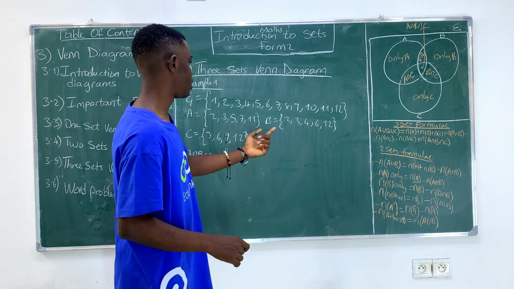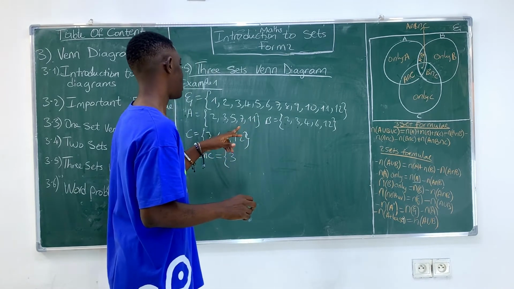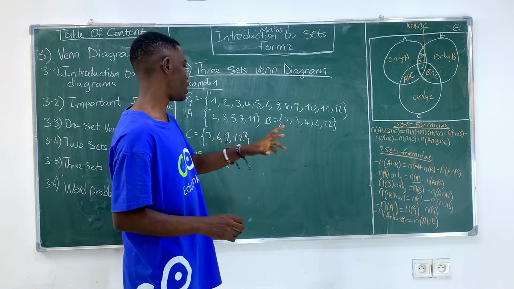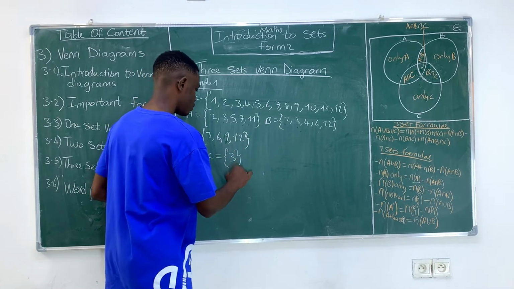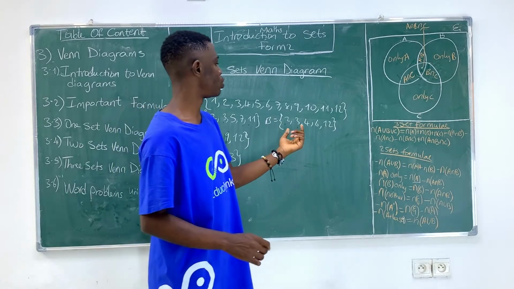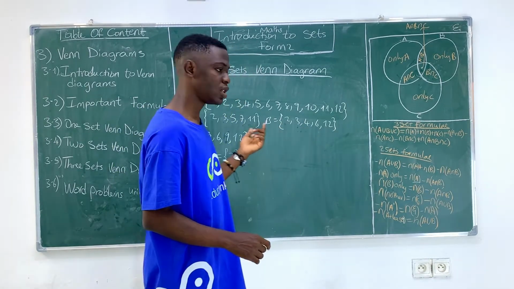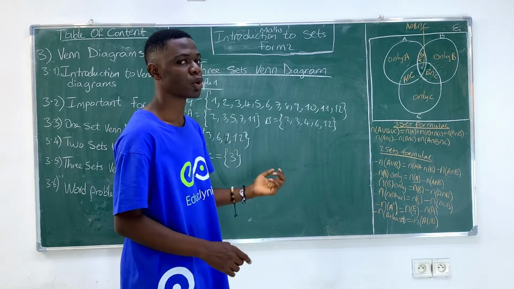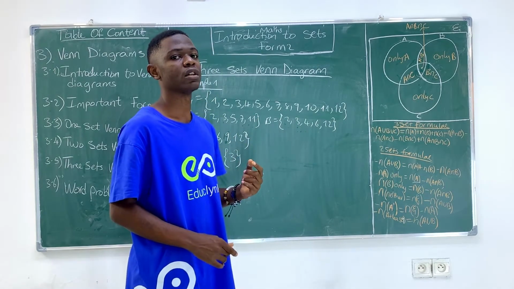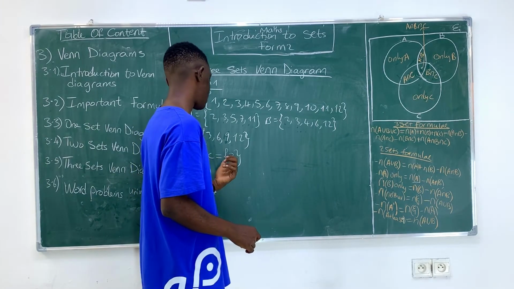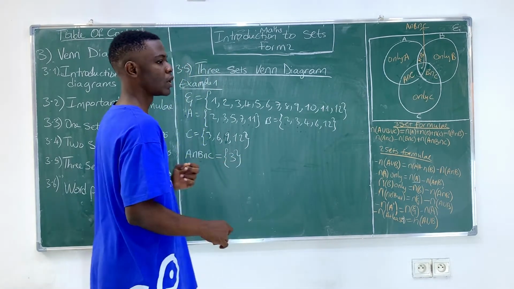We have 5 in A. There's no 5 in B, so you don't write it. 7 in A. There's no 7 in B, you don't write it. 11 in A. There's no 11 in B. Since you have gone through A, we don't need to go back to B, because if A is finished, then there is no new element that will match A. We have already gone through all of the elements of A. So A intersection B intersection C is done. We're wanting the three. So what next?